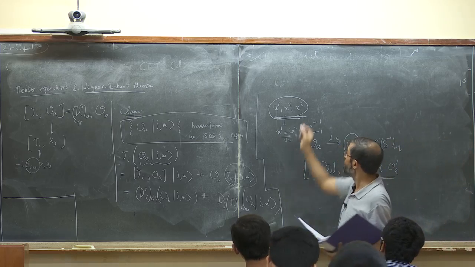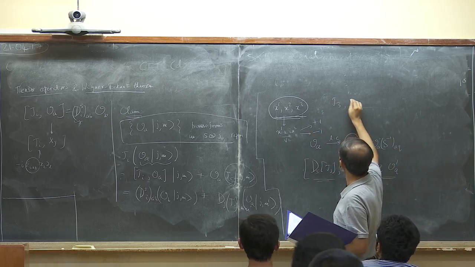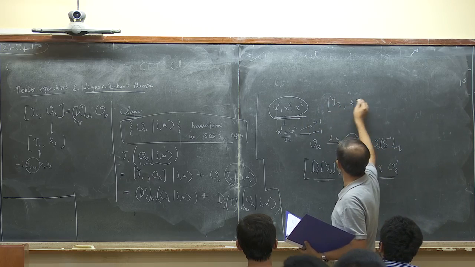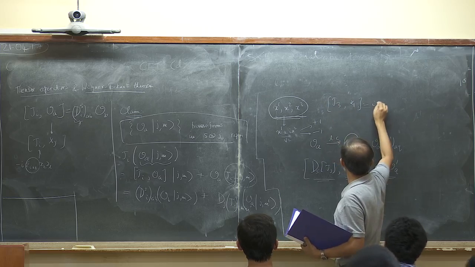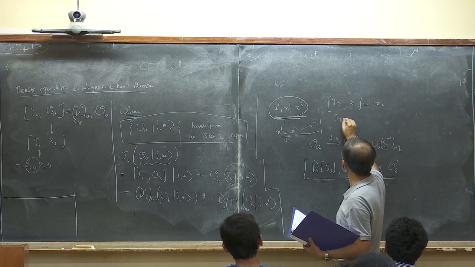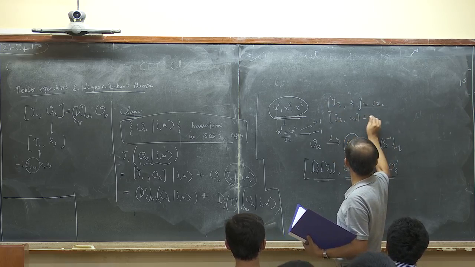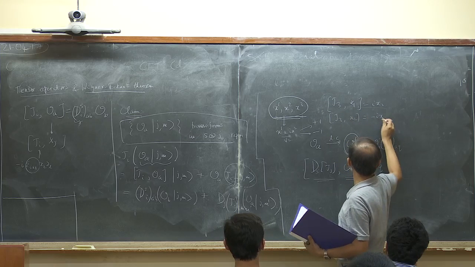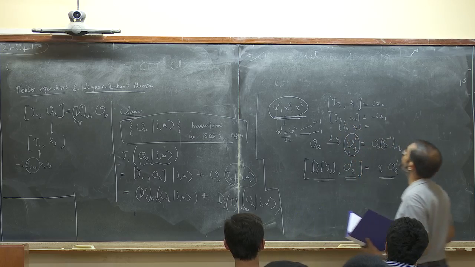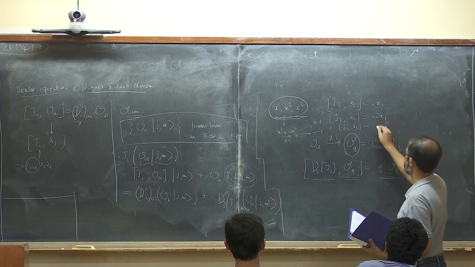If I act by J3 on x1, it will give you i x2, and if I act by J3 on x2, it will give you minus i x1, and J3 on x3 will give you 0.